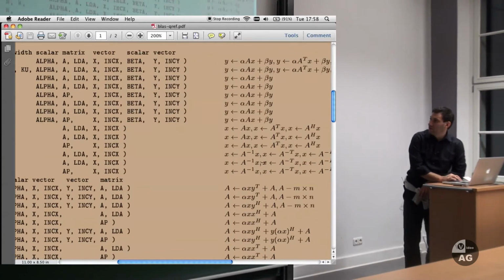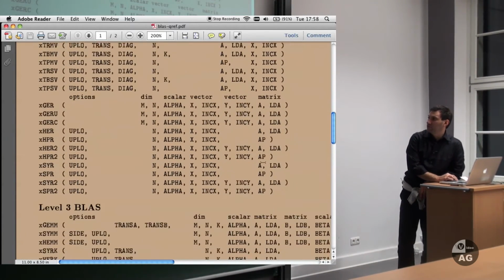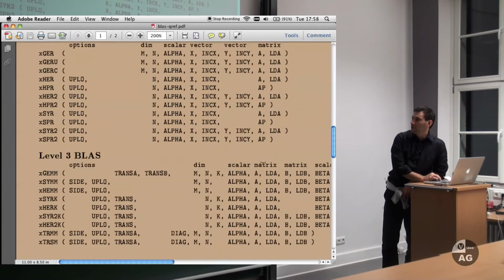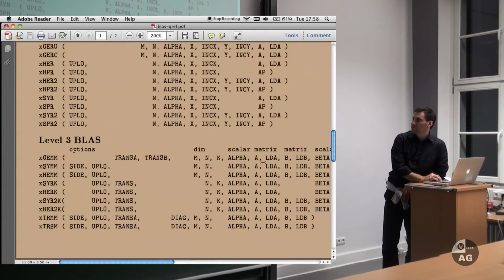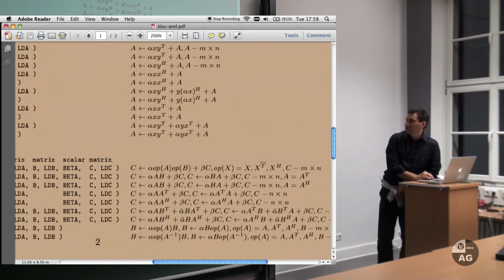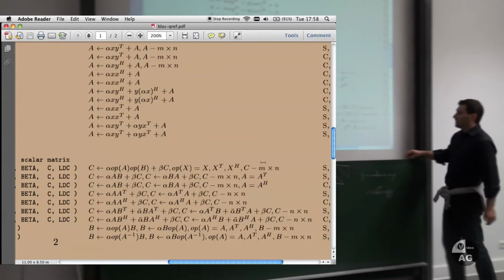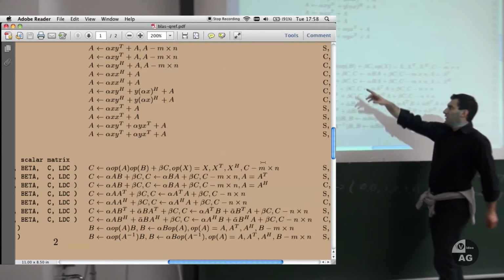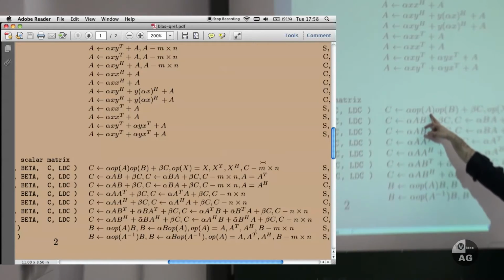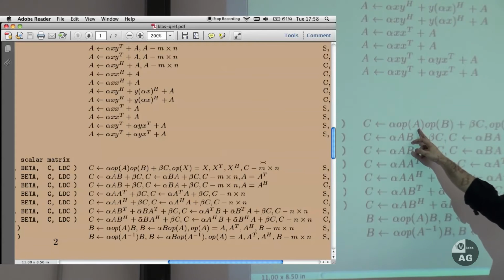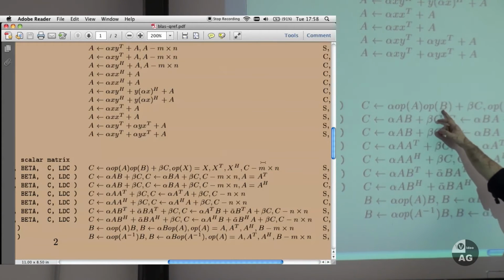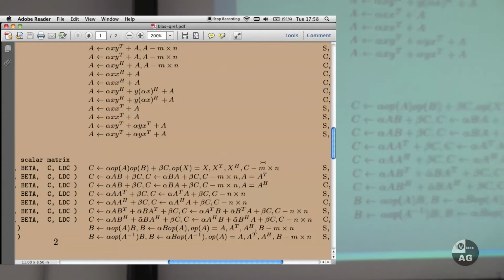Okay, and then finally, let's go to BLAS 3. Now we have only matrices, and the operations are a little bit more involved, but really fun. So op A means that you can have A or A transpose. Op B means that you can have B or B transpose.